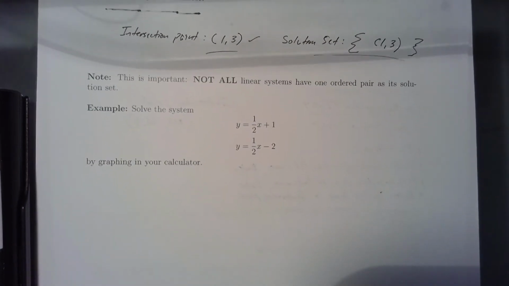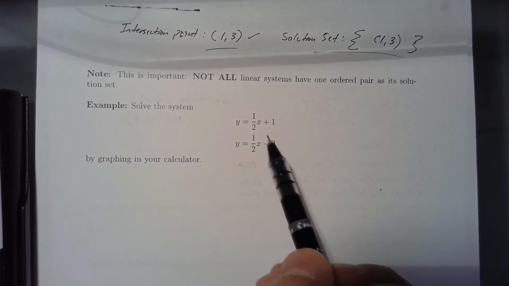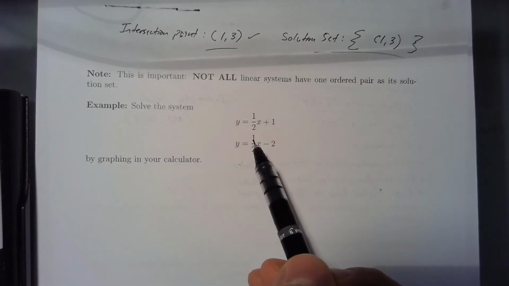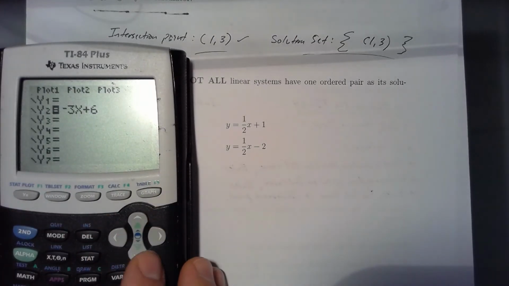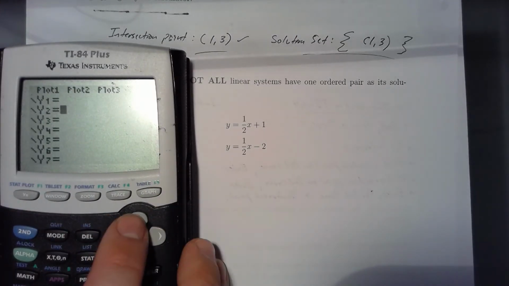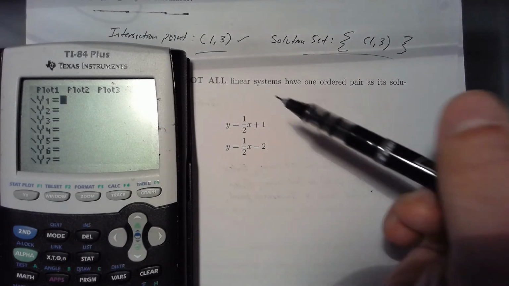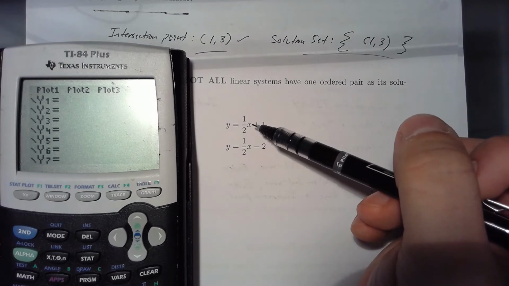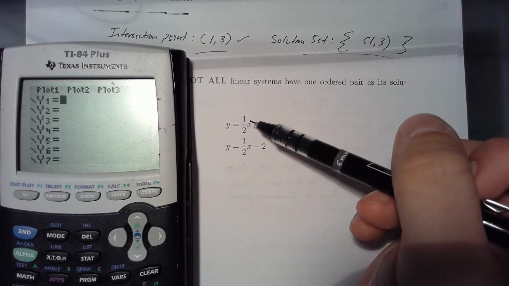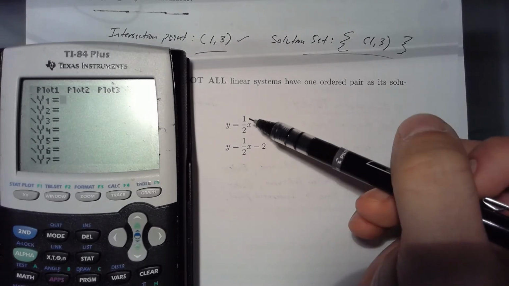Now, if I graph these two equations in my calculator. Now, if you already know what you know about slopes of lines, you could look at these lines here. What kind of slopes do they have? They have the same slope.